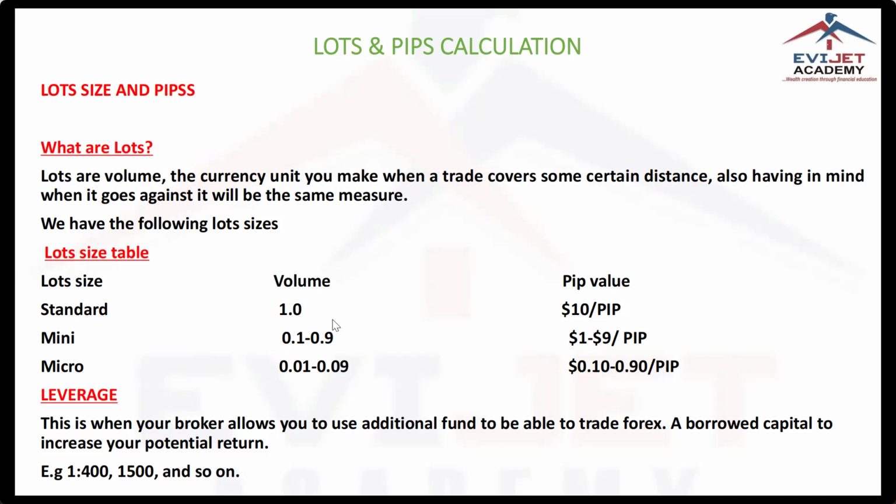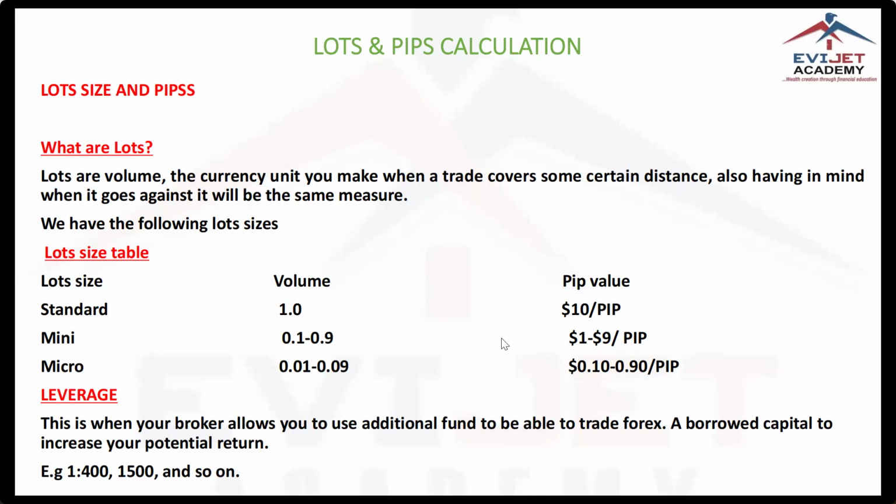Now, mini lot size is 0.1 to 0.9, and a mini lot is $1 per pip. So 0.1 is $1 per pip. It goes from 0.1 to 0.9, so 0.9 is $9 per pip. Let's use the first one, 0.1.